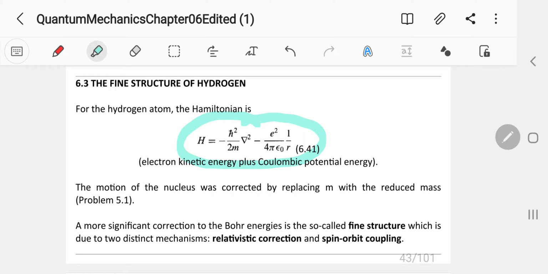It's the kinetic energy of the electron plus the Coulombic potential energy between the proton and the electron. The motion of the nucleus is corrected by replacing m with the reduced mass earlier. This was found in chapter 5.